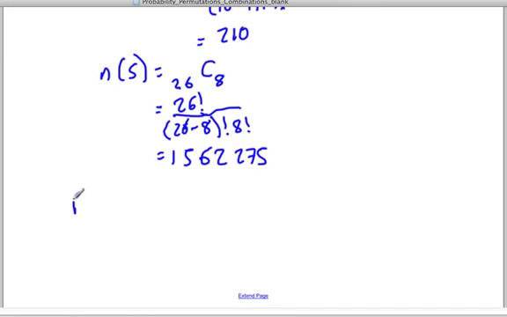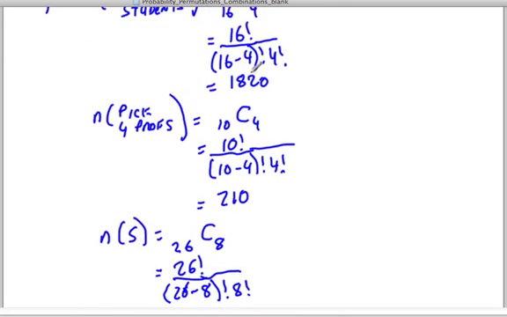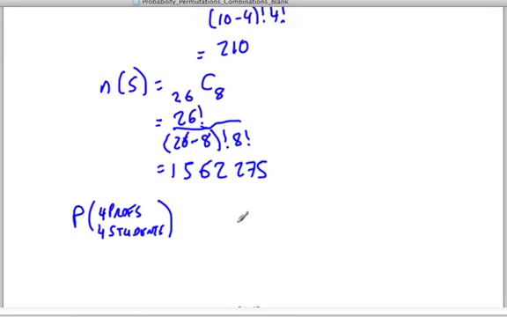So the probability that you get 4 profs and 4 students, then, now if we go up here, there are 1,820 ways that we can pick 4 students. And for every one of these ways, there are 210 ways that we can pick the 4 professors.